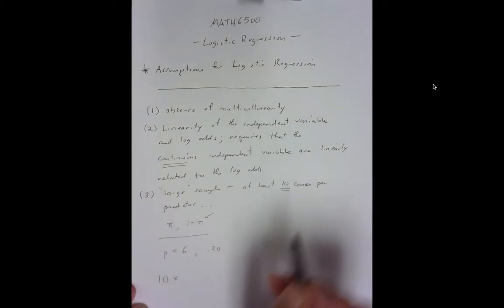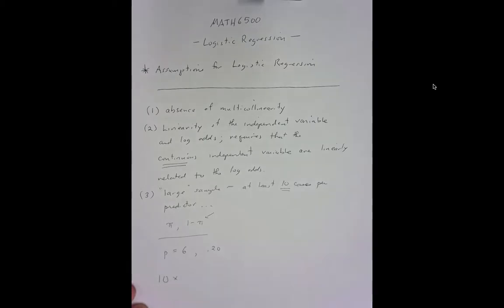Then we can determine the number of cases we need by taking the 10, which comes from needing at least 10 cases per predictor, times the number of predictors divided by the expected probability of the least frequent outcome.